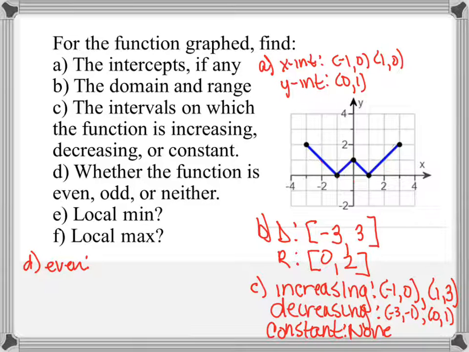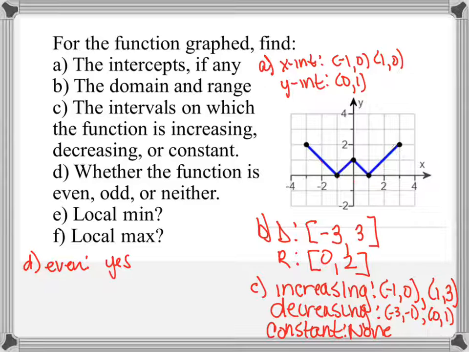Okay, D, we are determining whether the function is even, odd, or neither. Now, we're looking at the graph to determine this. And a function will be even if it has y-axis symmetry. So can we fold this on the y-axis and have the graph fold onto itself? Yes.